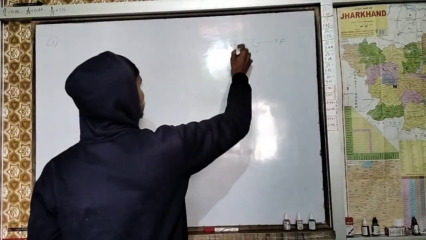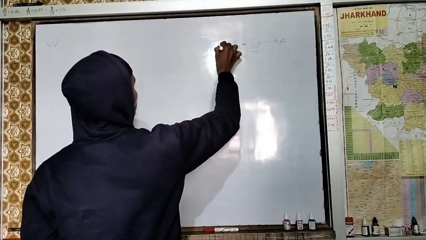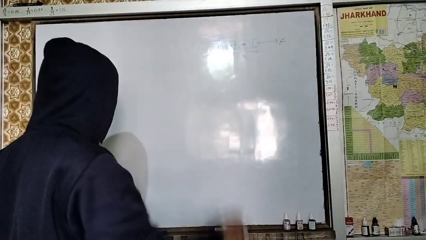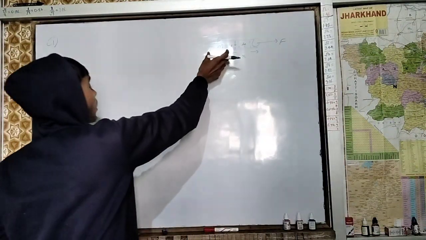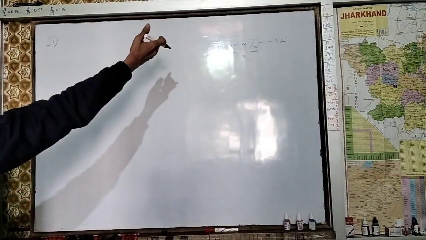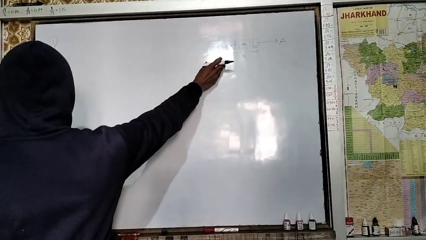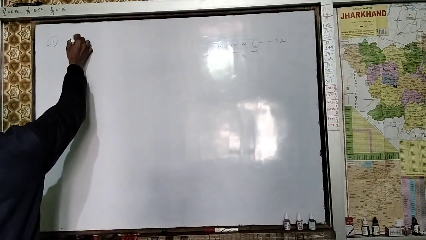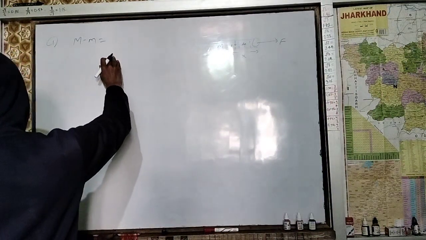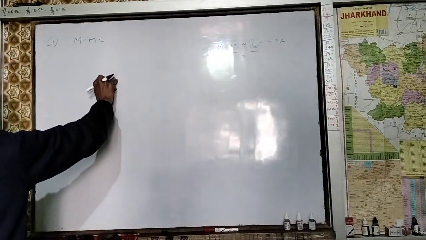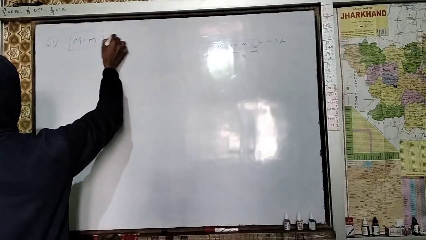Remember, this is a small m, and M is the big mass. Complete M minus small m will be our remaining part. So big M minus m will give us the tension.